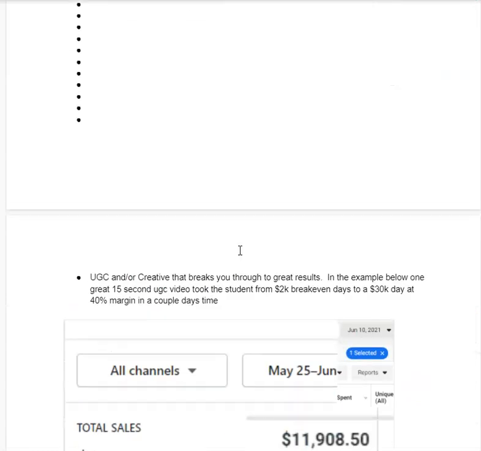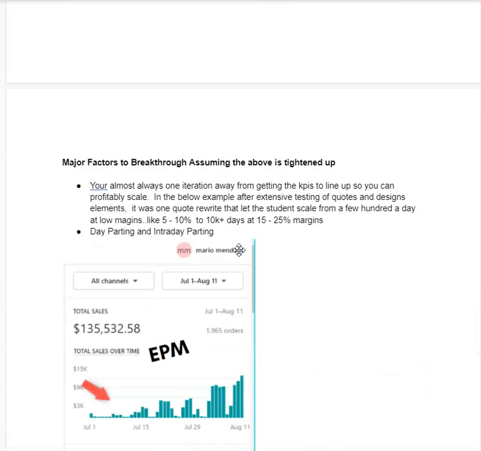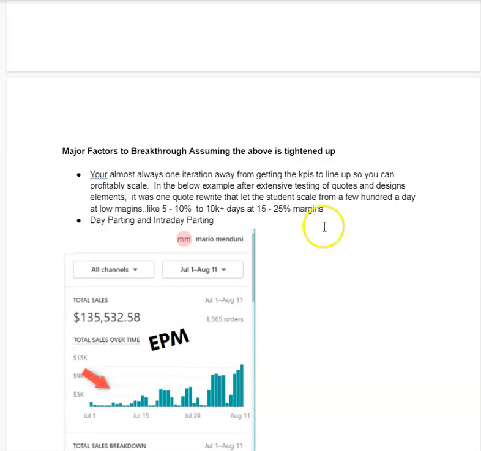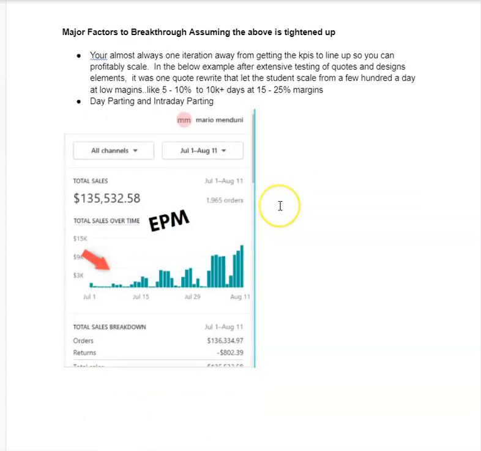So that's a handful of, with some examples, a handful of my go-to moves, and we have many more to increase profitability, to increase the time and amount of money that we'll get out of a winner. But these should be your go-tos, in my opinion, as far as factors to break through to scale.